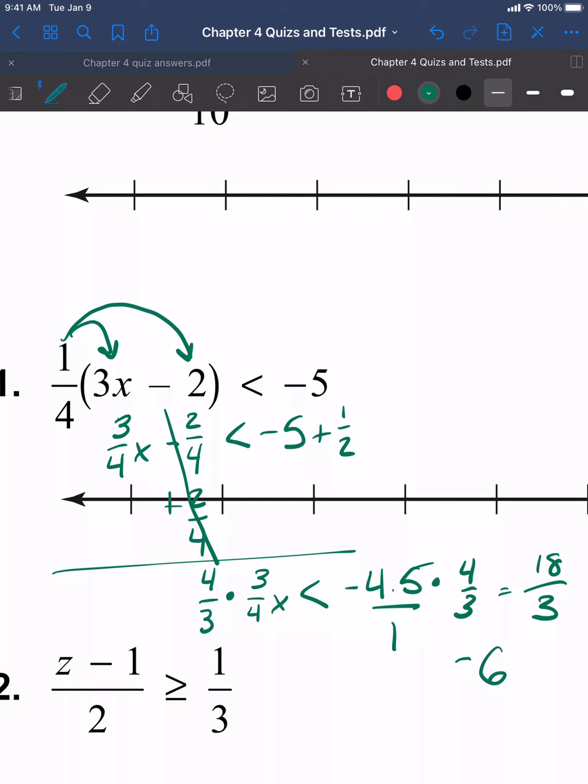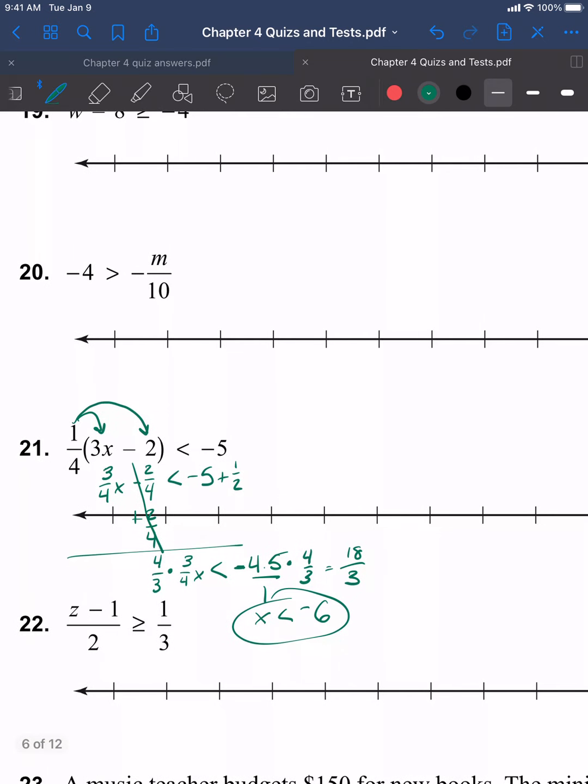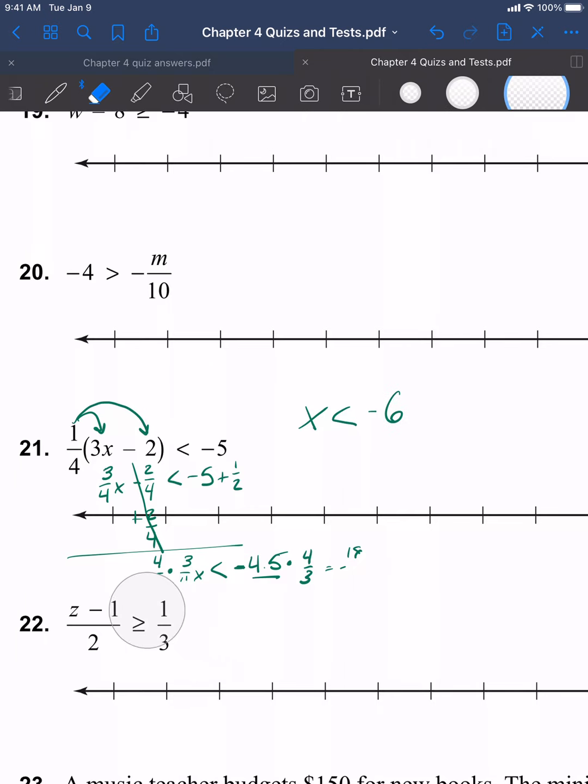Good job, because that negative right there. Now I have x is less than negative 6. Holy smokes. That was a lot of work. But am I done? No. What do I need to do? Graph. I need to graph it. I'm going to erase some of my gibberish up here so that I actually have space. That's like the benefit of you guys having to do this on notebook paper, is that you have a lot of space.